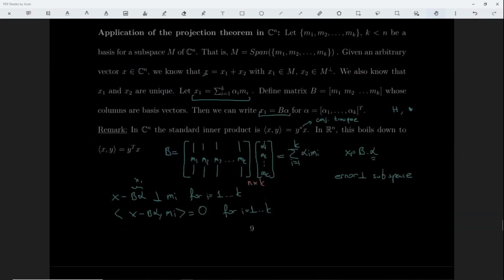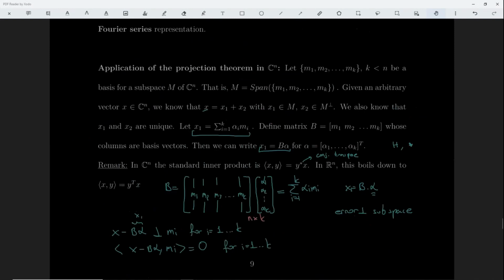So in summary, at first we were given a basis set which is composed of linearly independent vectors for our subspace M, which is composed of these vectors m1, m2, and mk. So we constructed a B matrix where we put the columns to be equal to the basis vectors themselves.